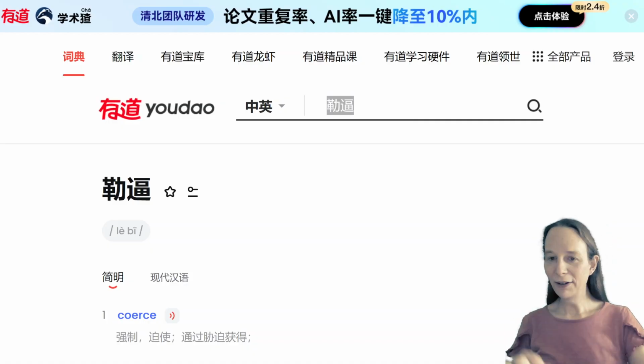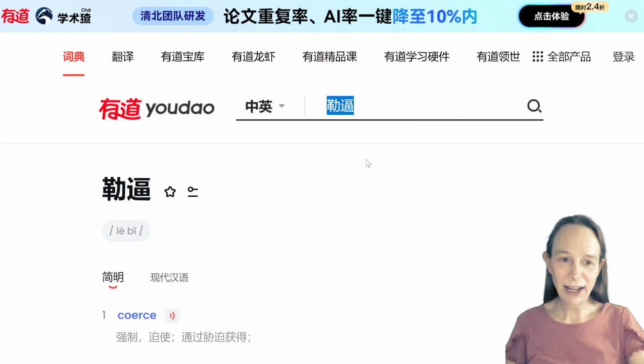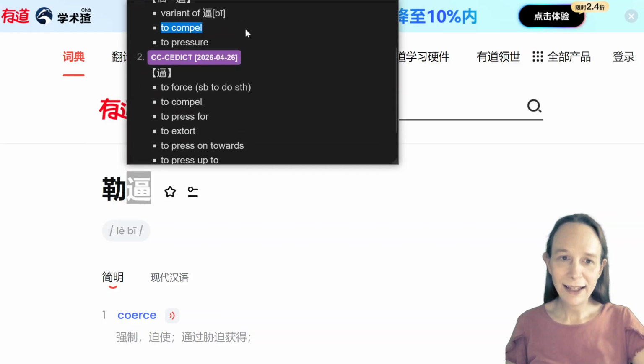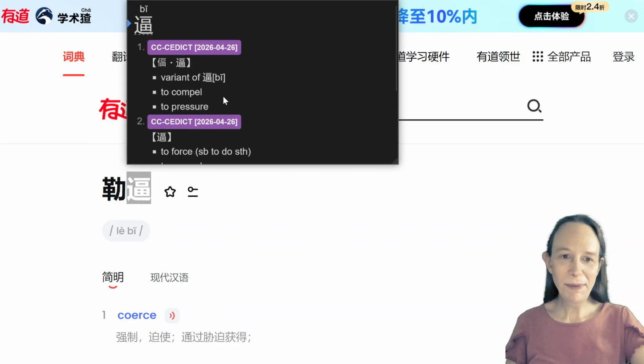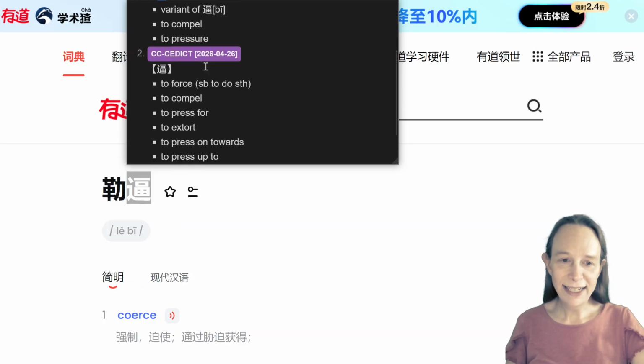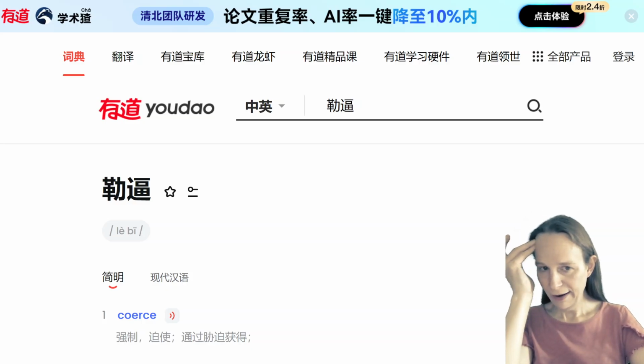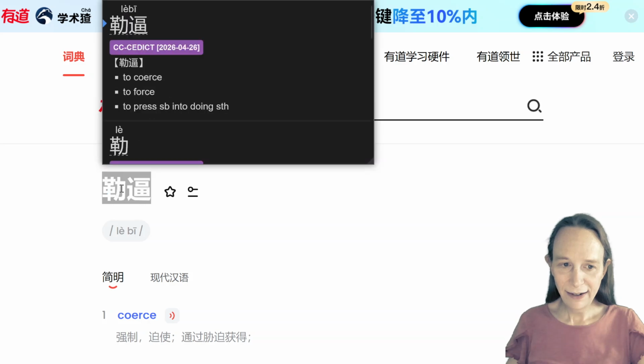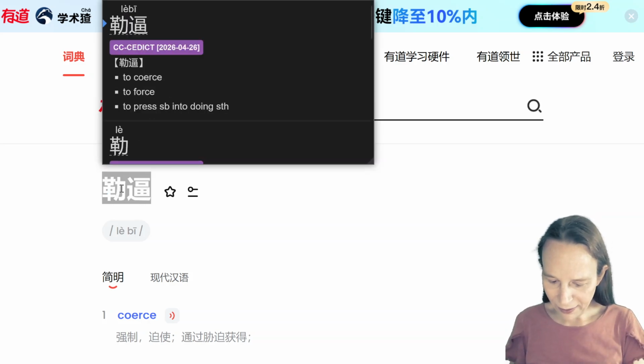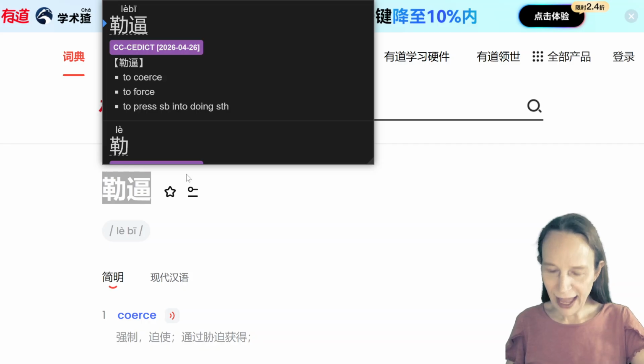Yeah, 勒逼. All right, that makes sense. So 逼 by itself kind of means to force someone to do something. Compel, pressure. Yeah, maybe compel. These are better definitions. Why are there 2 of them? Oh, just different writing, in traditional. And the other one is 乐派.